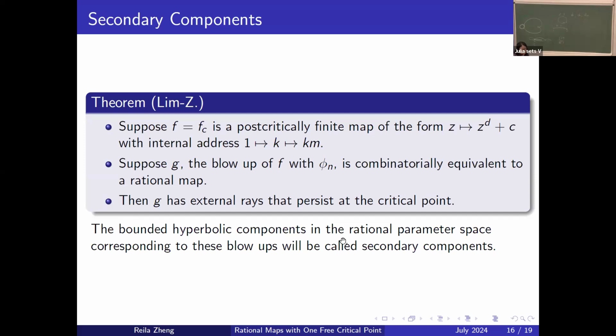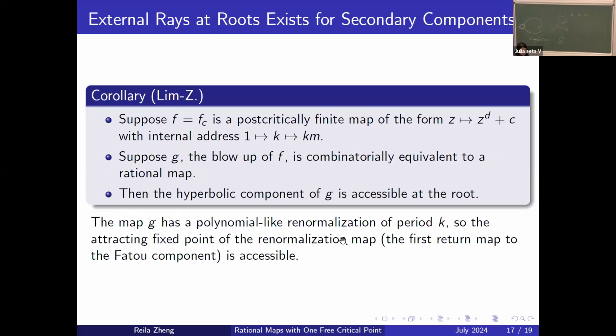And so for these components, the corollary is that because the external rays persist, the external rays for the blown up map G exist at the root. But they don't exist at the cusp.